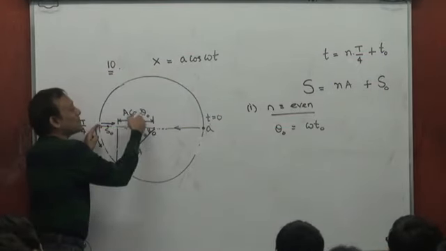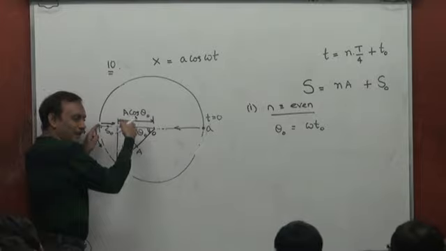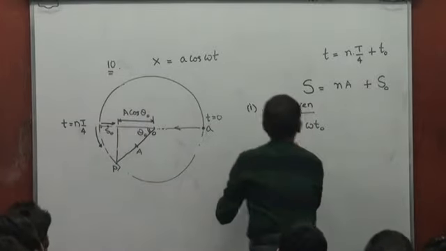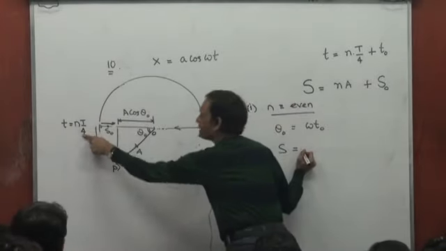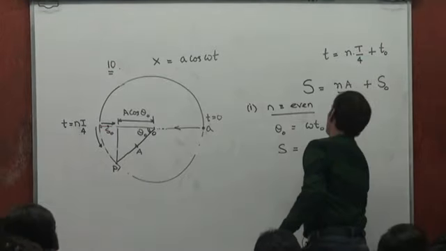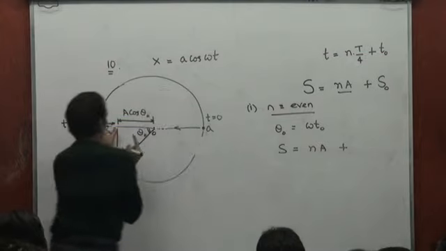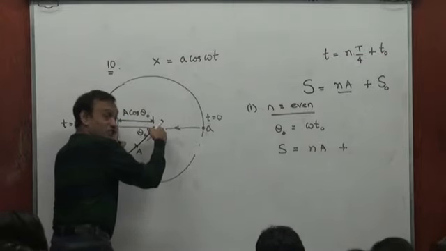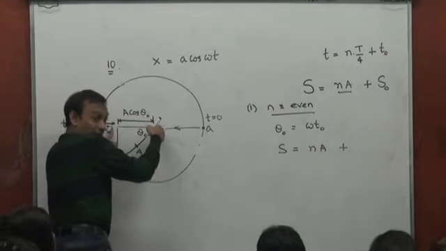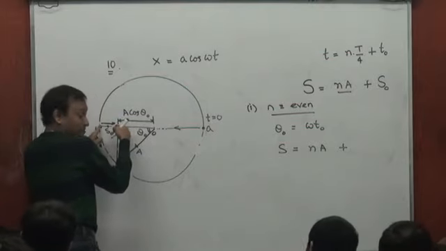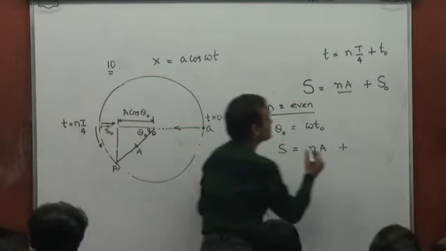S naught is A minus A cos theta naught, right? So the required distance S up to n T by 4 is going to be nA, for n even, plus S naught, which is A minus A cos theta naught, in the residual t naught seconds.